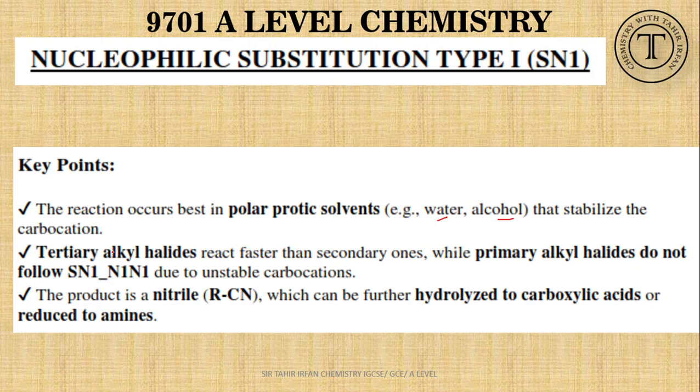Number two, tertiary alkyl halides react faster than secondary ones, while primary alkyl halides do not follow SN1 due to unstable carbocations. The product is a nitrile, an alkyl chain followed by a CN, which can be further hydrolyzed to carboxylic acid or reduced to amine depending upon different chemical reactions.